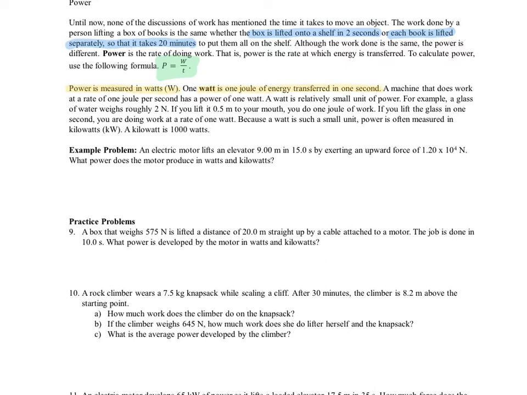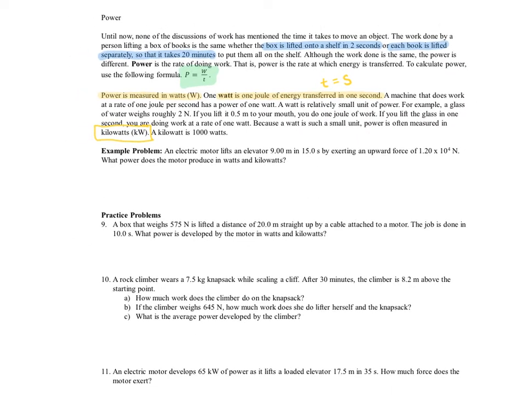1 watt is a joule per second. So we want to make sure our time, when we work problems, is measured in seconds. Again, kilowatts is probably more commonly seen because 1 watt is very small.